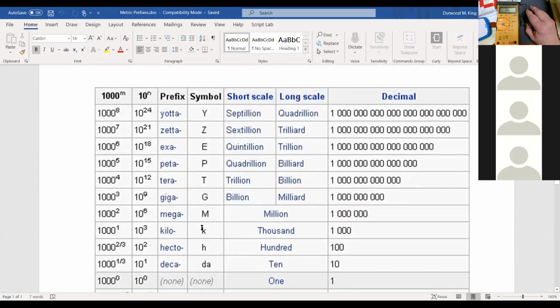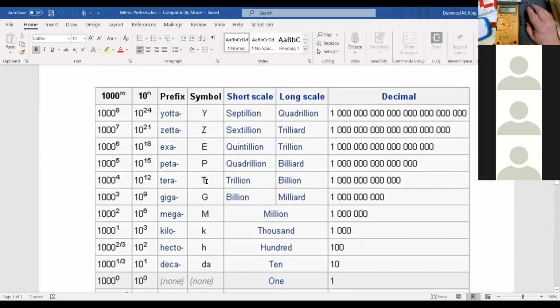And then with flash drives, it's so many gigabytes on a flash drive, or when you're paying for your data on your cell phone plan, you're talking in gigabytes. And a giga would be a billion of something. So if it's a gigabyte, it would be a billion bytes of data.